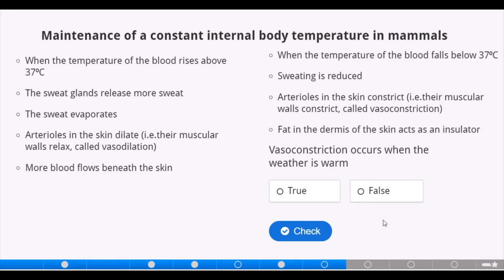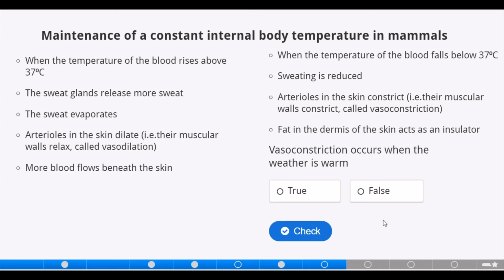More blood flows beneath the skin in this instance. But when the temperature of the blood falls below 37 degrees Celsius, sweating is reduced, arteries in the skin constrict, that is, their muscular walls constrict, and this phenomenon is called vasoconstriction.